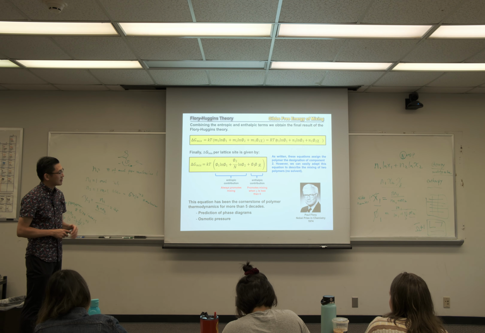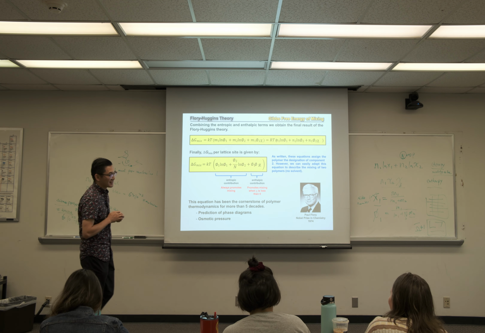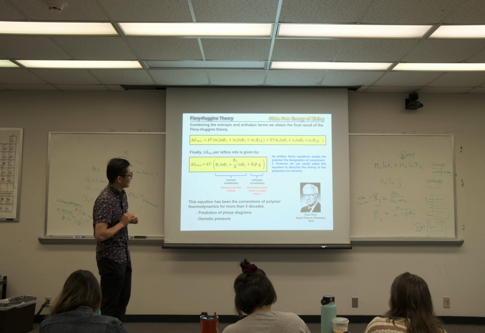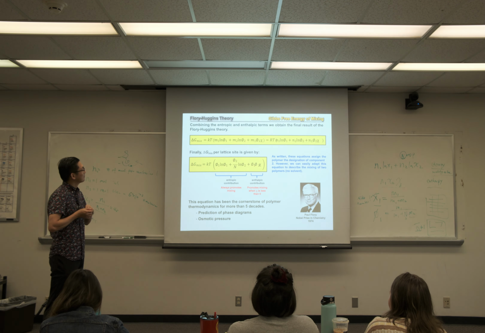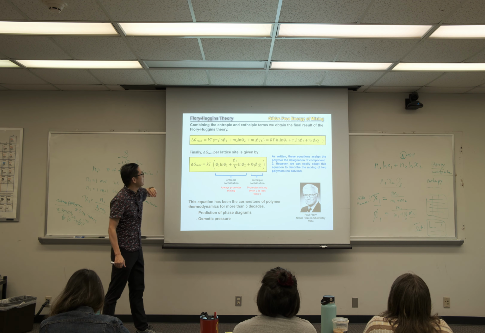And here is a nice picture of Paul Flory, who got the Nobel Prize in '74, almost 50 years ago. So that's what he deduced from his simple pen and paper.